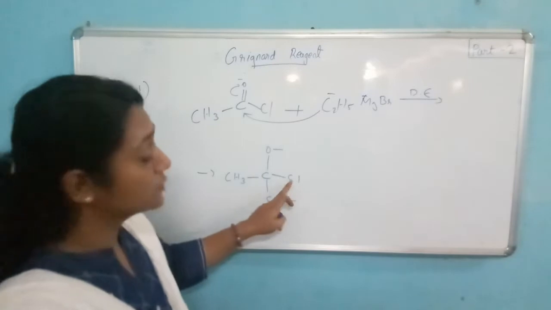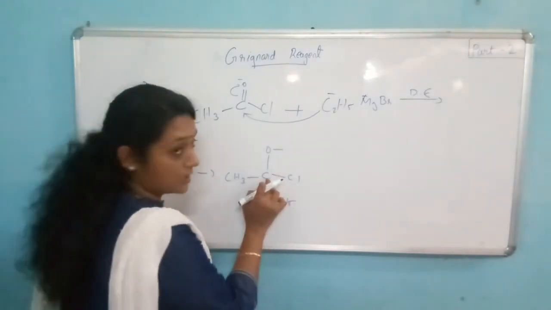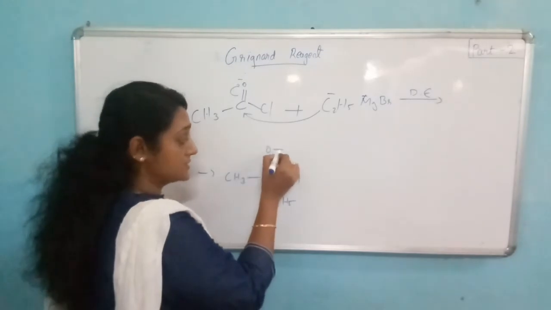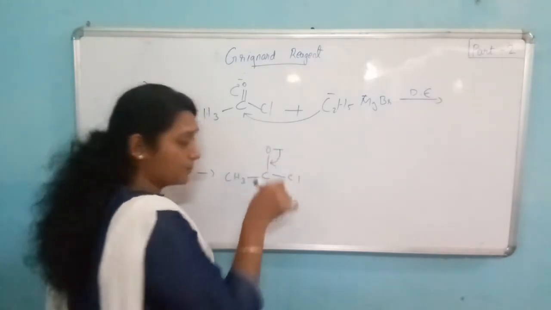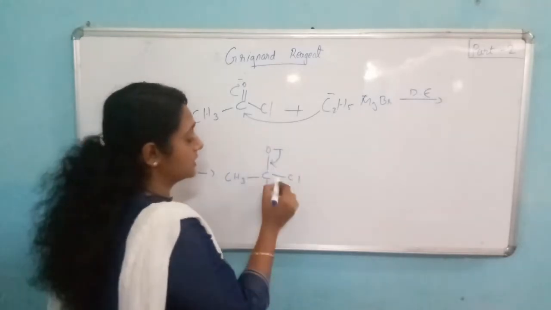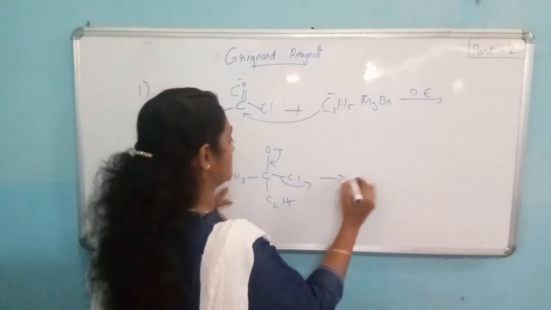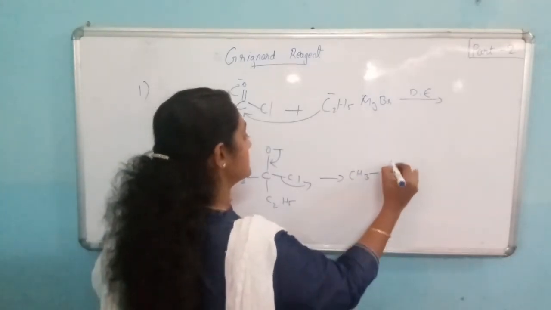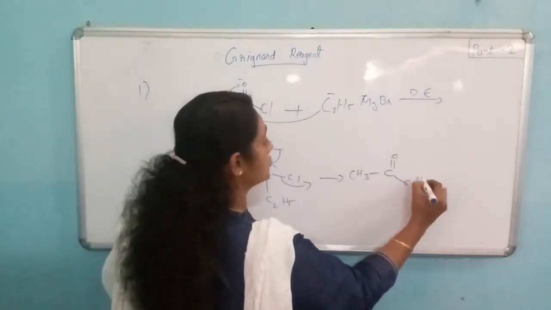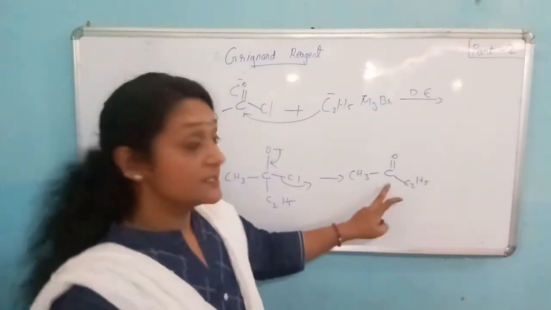See, there is a leaving group, Cl minus is a good leaving group on the same carbon atom. Therefore, the O minus comes back and forms a pi bond between carbon and oxygen, and Cl minus leaves, and thus we get CH3, C double bond O, C2H5. This is a ketone.